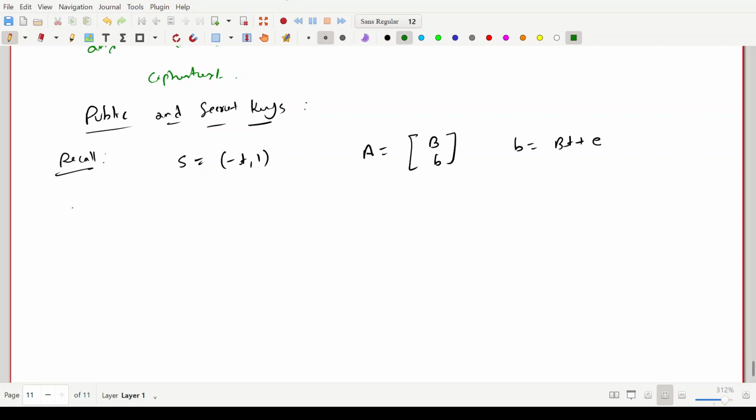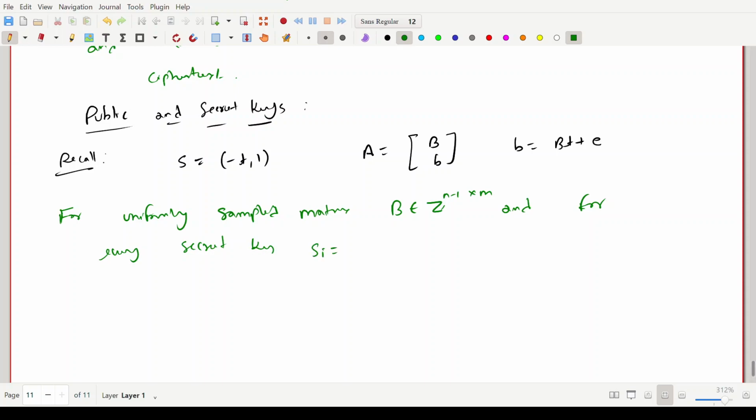That means for a uniformly sampled matrix B, which belongs to Z_q^{(n-1) x m}, and for every secret key Si, which is (-ti, 1), calculate small bi, which is B ti plus ei.